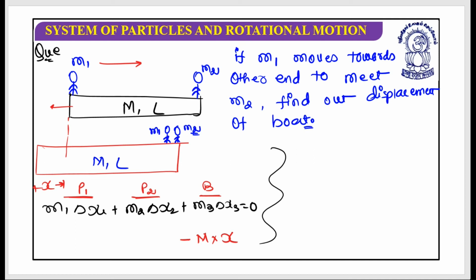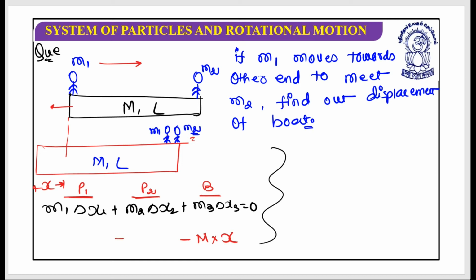Person 2, as the boat has been displaced by x, even person 2 has been displaced by x. Please don't make a mistake here. As a student you might think that if the boat has been displaced by x but m2 is not moving at all, the displacement of m2 is 0. No, that is not the case. Even m2 has been displaced because m2 is sitting on the boat, and when the boat is displaced, m2 is displaced by the same amount.